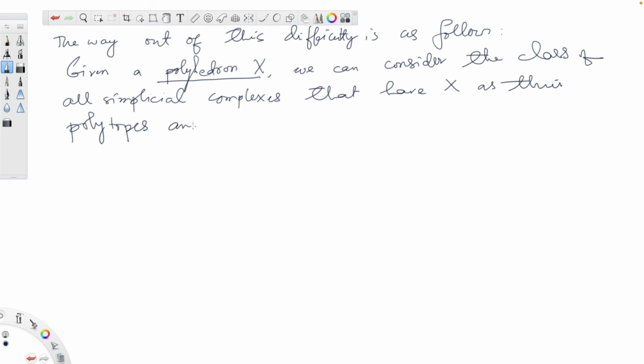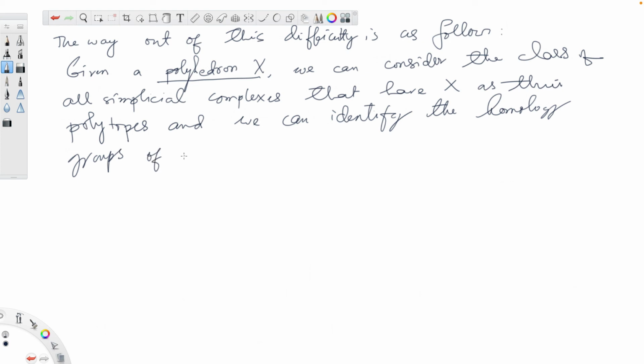And we can identify the homology groups of these simplicial complexes in a natural way.